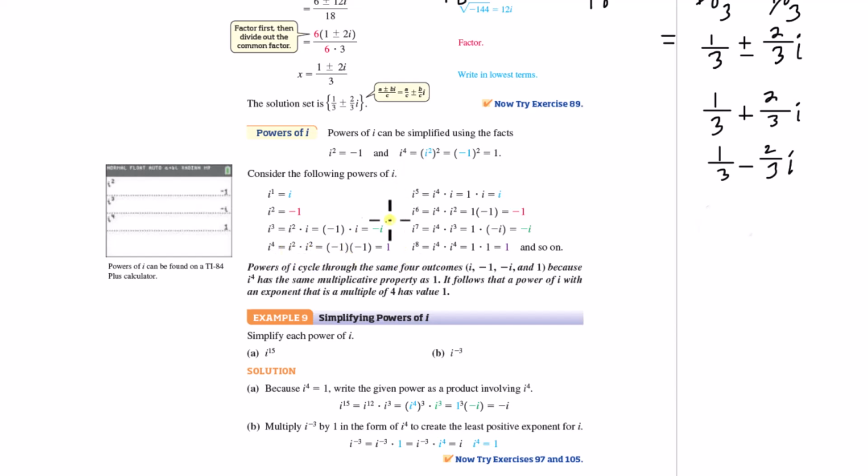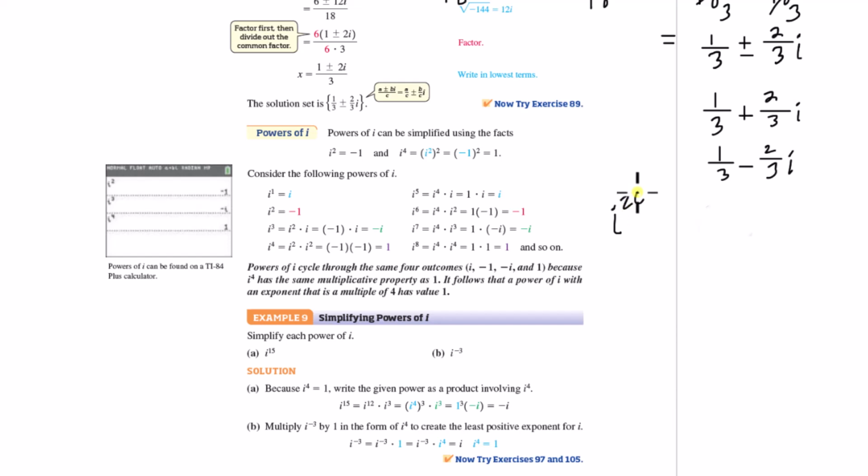However, we can take advantage of the fact that i to the 4th is equal to 1. Because if we can take the power of i and break up anything that's divisible by 4 as part of it, then we know that's going to be equal to 1. Let me give you a simpler example.